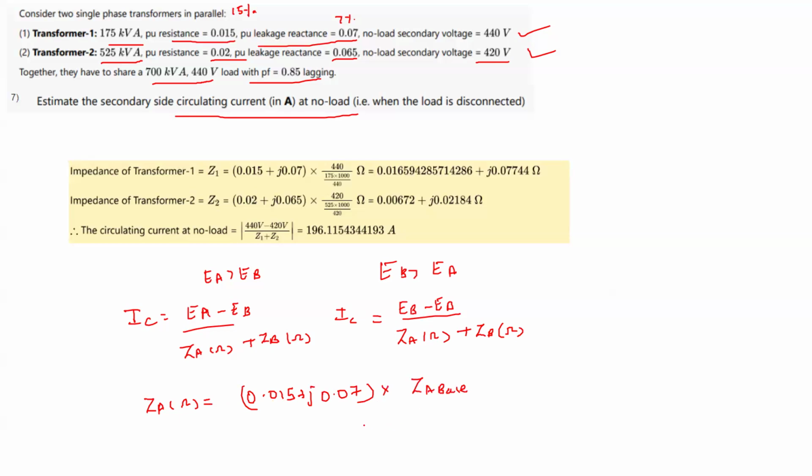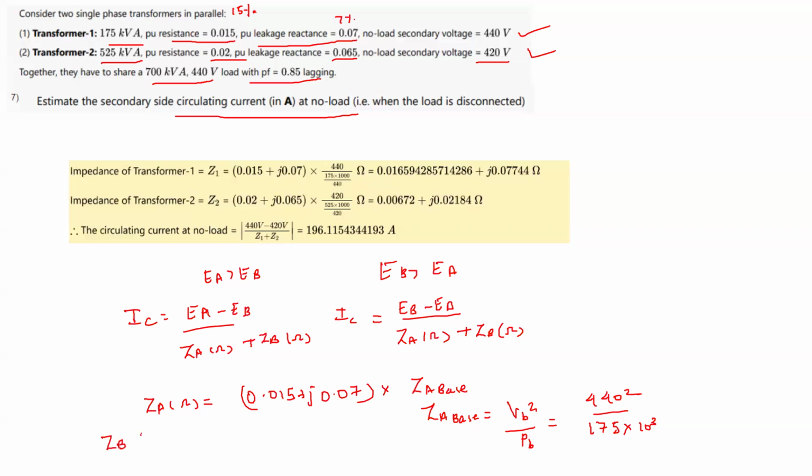ZA base on the secondary side is V square by P base, so V base square by P base. V base square is 440 square, and power base is 175 kVA.